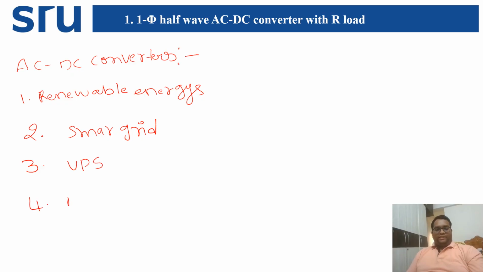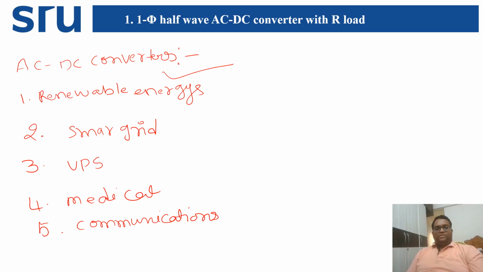Fourth, medical applications. And finally, fifth, communication systems. So these are all the major applications we can see for AC to DC converters, which is represented over here. These are the basic applications where we are using AC to DC converters.